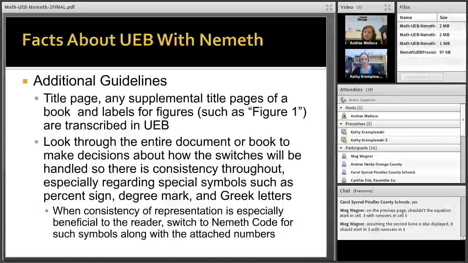When consistency of representation is necessary, or especially beneficial to the reader, it suggested switching to Nemeth Code for some of these symbols, the %, the degree mark, and that kind of thing, with the attached numbers.